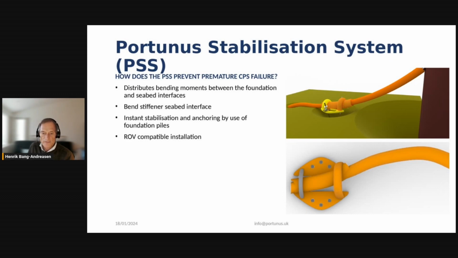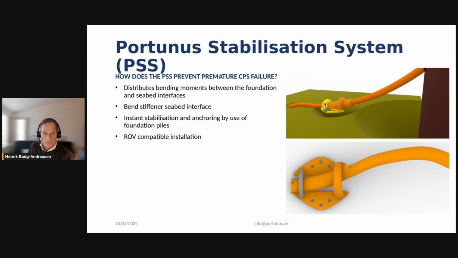So where it's pinned into the seabed, it actually leads into this pinpoint over the length of the flexible bend stiffener. So there we provide the cable and the cable protection system with a bend stiffening curvature.